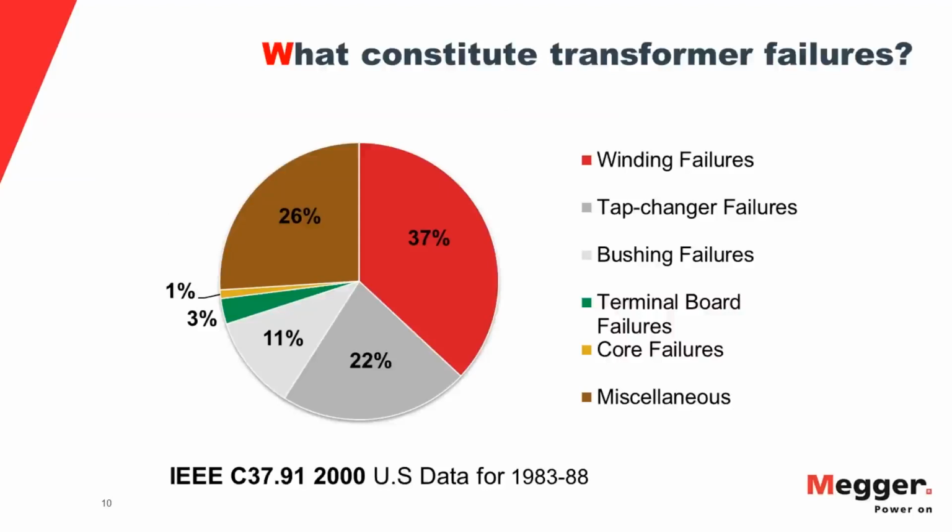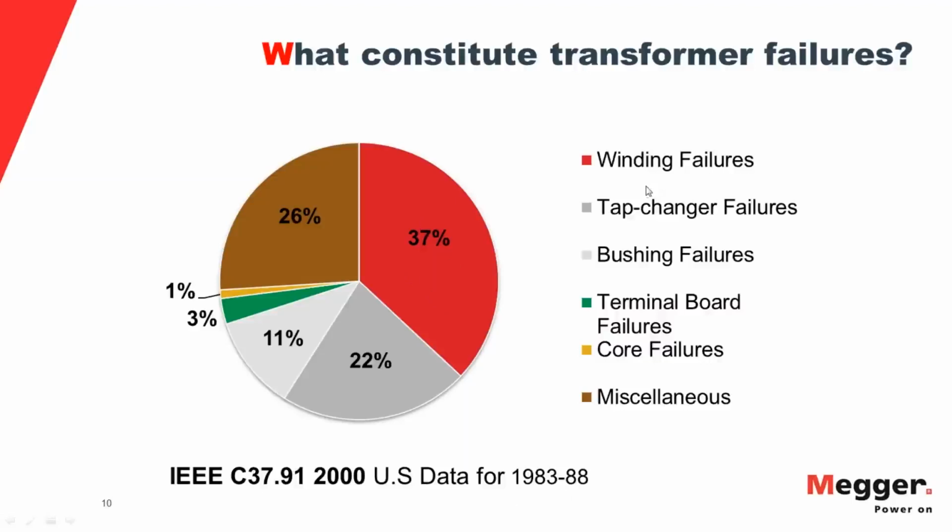Now, out of all these components, the component which fails the most is the winding. I've gathered this data from the C37.91 standard, which is specifically for the United States. It states that 37% of all the transformer failures between 1983 and 88 were due to winding failures.